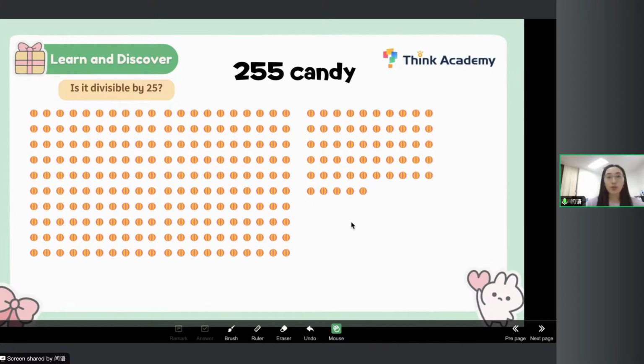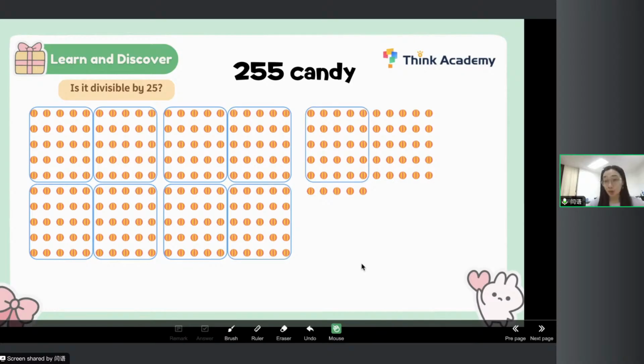Okay, and next one, what about the 255? Is it divisible by 25? Yes or no? Okay, again, you see, we have 100, then we have 200, then we still have 55, right? So here I'm going to just check for the last 55 candies. Are they divisible by 25?